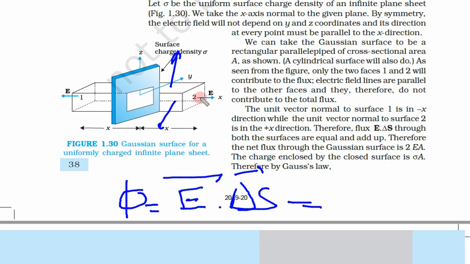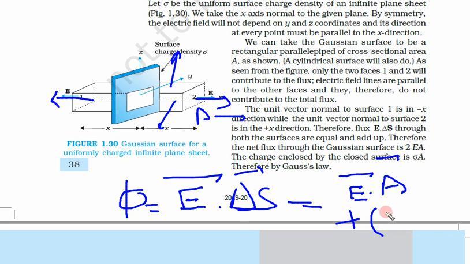For this one, E is positive and delta S is A, also positive, so E dot A. For the second one, E is in the negative direction, minus E, and the area is also in the negative direction, minus A, so the minus signs cancel out.